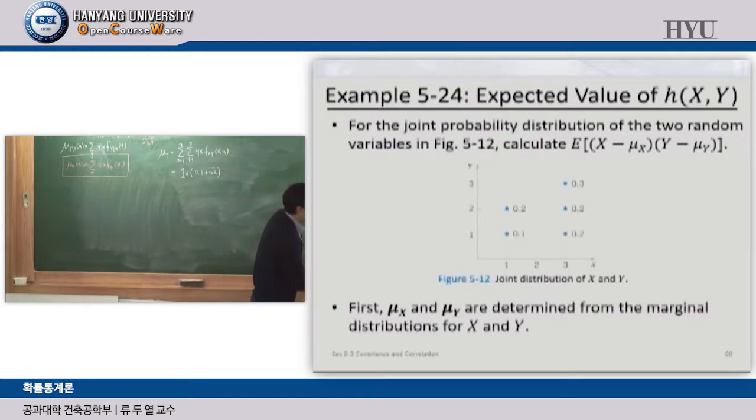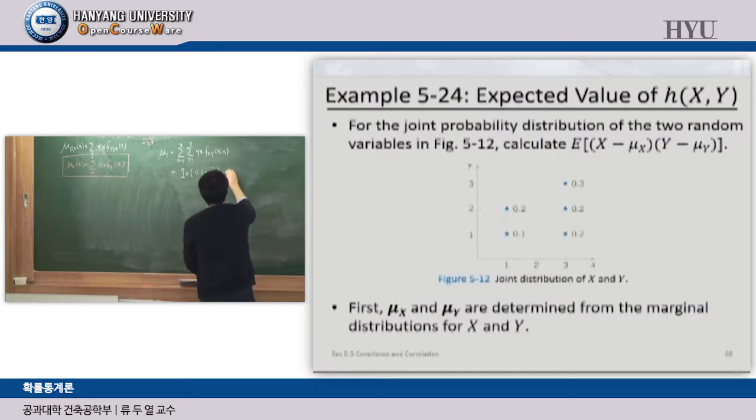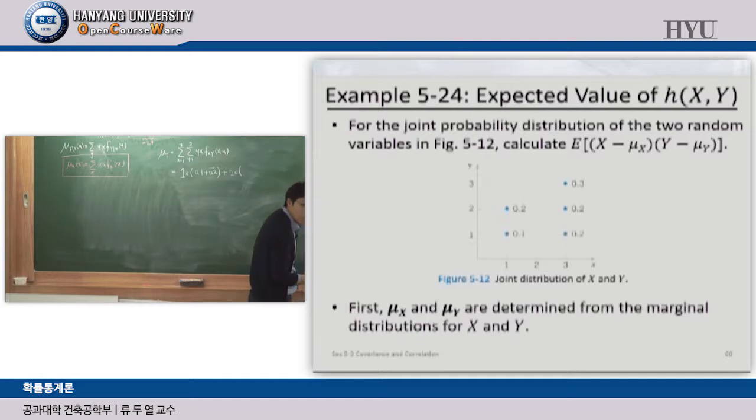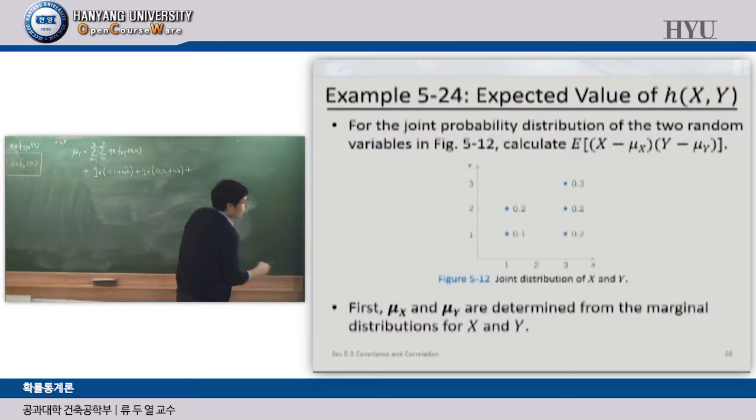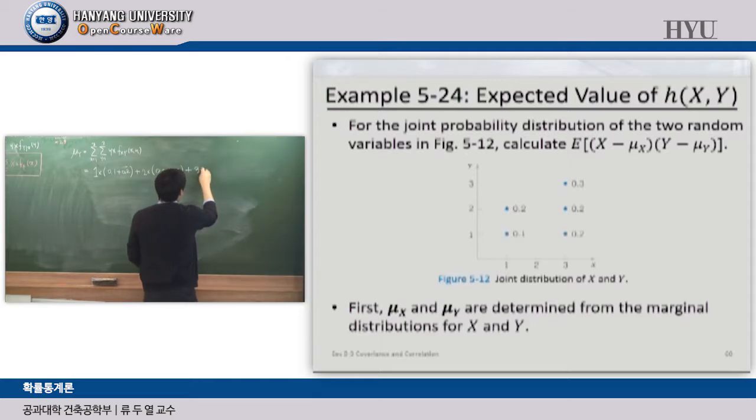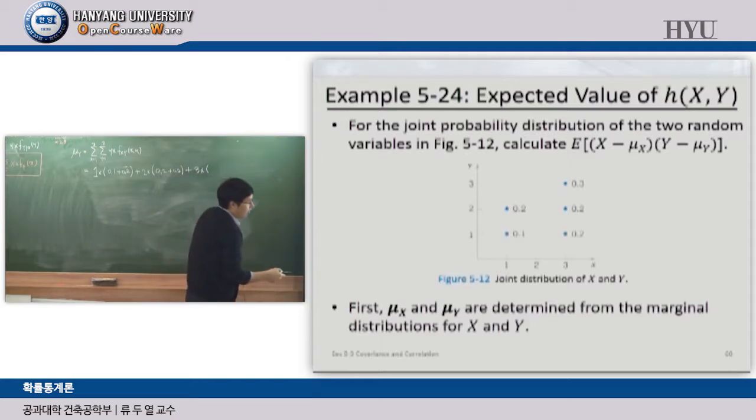And when y is equal to 2, we have two options here also. That is 0.2 and 0.2. So 0.2 plus 0.2 plus, when y is equal to 3, we only have one probability mass function that is equal to 0.3.